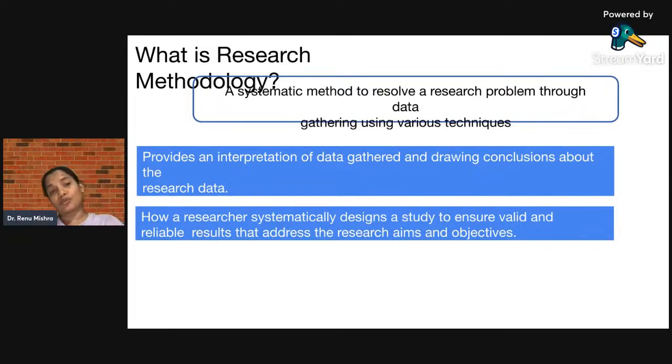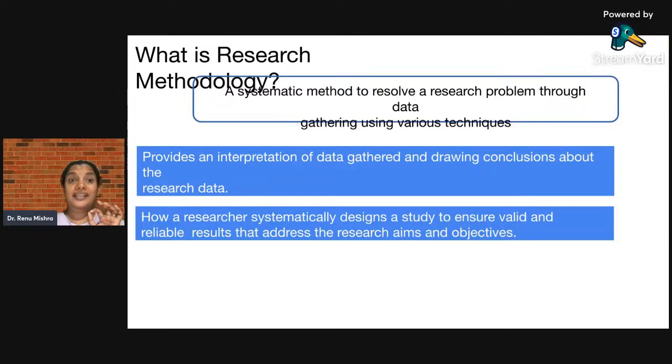That means you reached up to conclusions. Okay, so how you have prepared that study to solve the research problems is research methodology. And what are the ways you employed to complete that research is research methods.